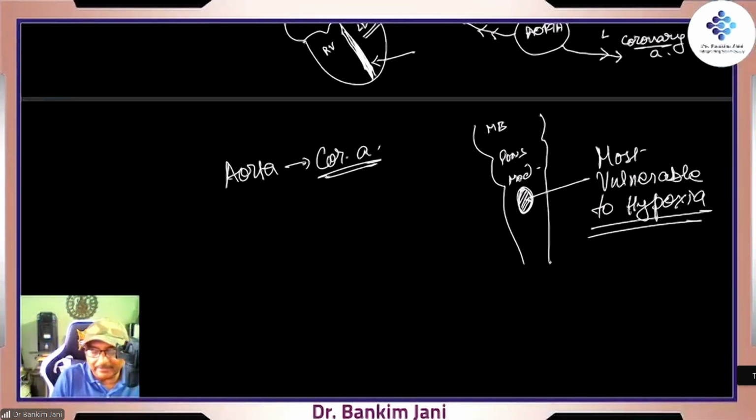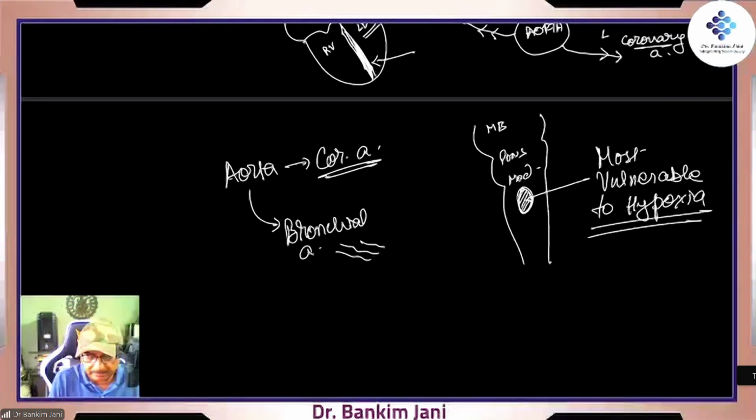Similarly for the lungs, right? Here is the aorta. From the aorta, there would be the bronchial arteries. They will distribute, they will give the oxygen. Here also they will give the oxygen. And then these bronchial veins will be having CO2, right?